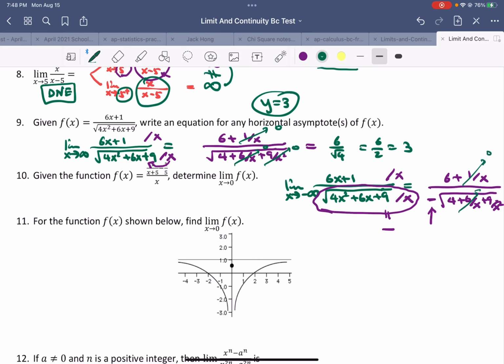So this all goes to 0. This also goes to 0. So you end up with 6 over negative root 4, 6 over negative 2, so negative 3. So another horizontal asymptote, y equals negative 3. So you have 2 horizontal asymptotes, y equals 3 and y equals negative 3.